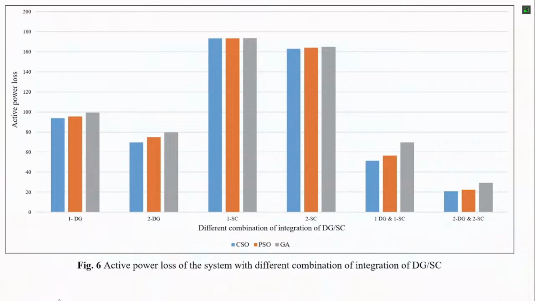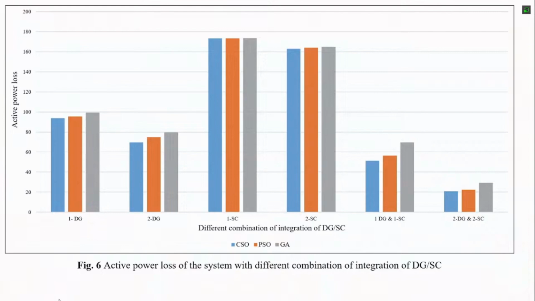But for 2 DG it is reduced further, and the most reduction we have is with 2 DG and 2 SC placement. There is a certain combination. I am not showing the optimal outcome, I am just showing the solution. In this solution also, we see that the CSO loss is slightly lower with respect to PSO and GA.